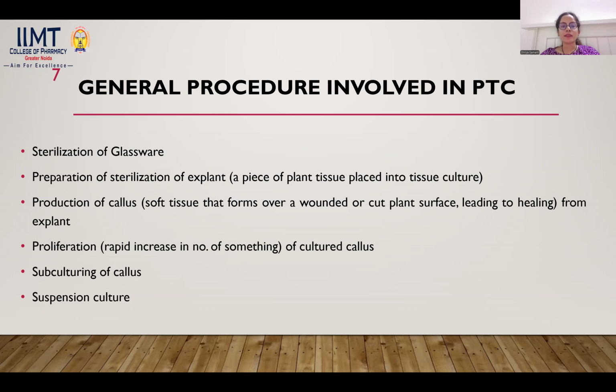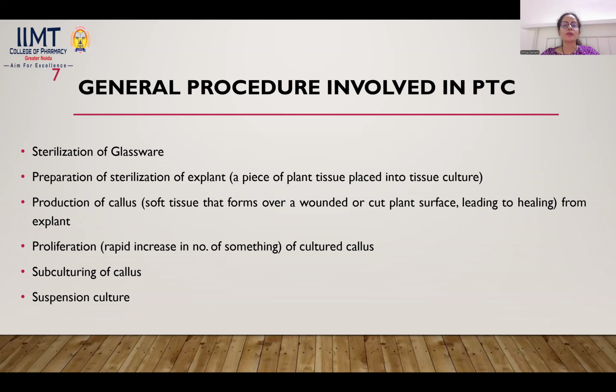Next is preparation and sterilization of explant. Explant means the piece of plant which we have excised and with which we will develop further clones. Third is production of callus. Callus means a soft tissue that forms over a wound or a cut plant surface, leading to healing, from the explant.